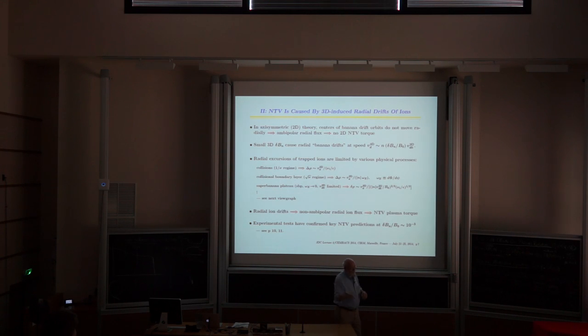You know, it goes up and back, but it's going out or it's going in, and it's called a banana drift. And so we have to calculate the mathematics of that banana drift. And then if collisions are sort of medium level, then they will limit it. I can go for a while on this, and then collisions decorrelate me and I get a little transport, but they quit going.